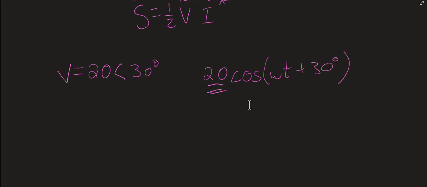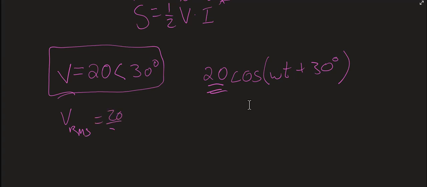This 20 is your amplitude, it's your max. So when you're given a phasor, it is usually the max unless it specifically says RMS. If they just give it to you like this, then V RMS is 20 over square root of 2. Okay, that's perfect.